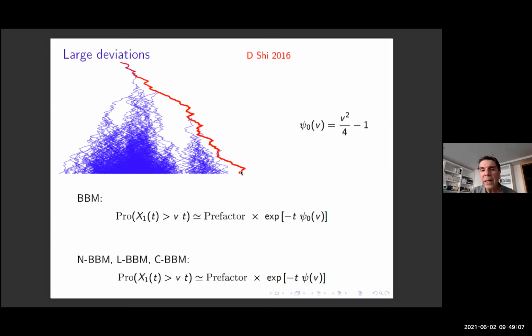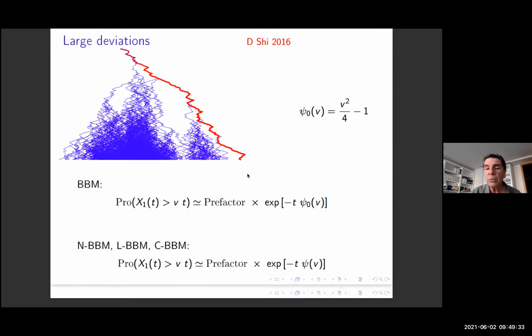And how is it erased? A particle moves up to position Vt, but it could happen that, say, if you take the L-branching Brownian motion, at some stage in the past there is a subtree here which went sufficiently ahead of it to kill this red trajectory. So this is the main reasoning that we had.